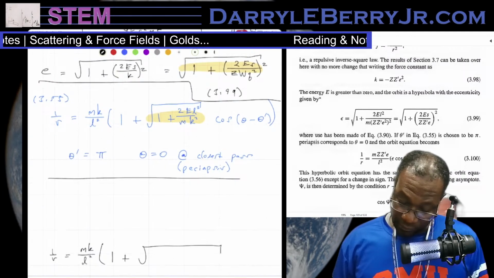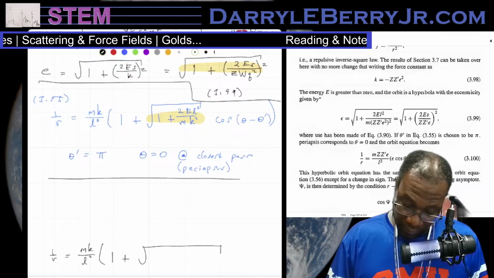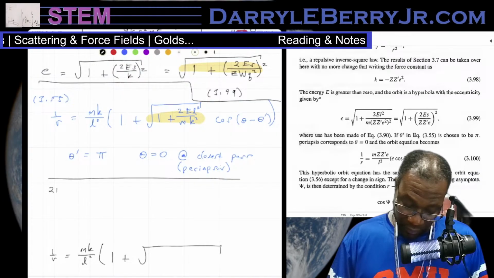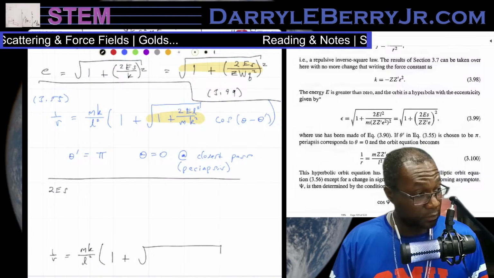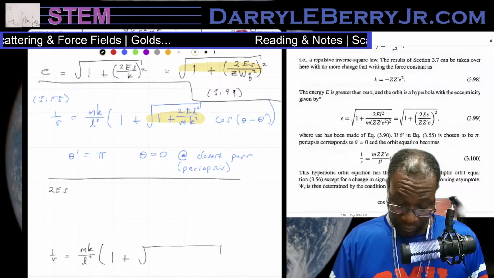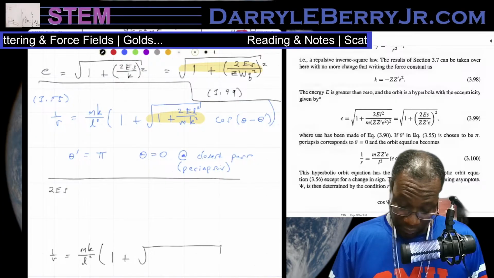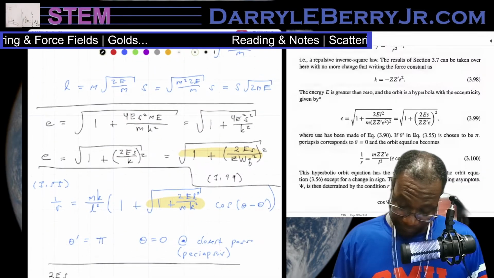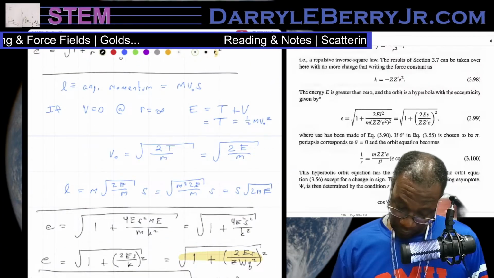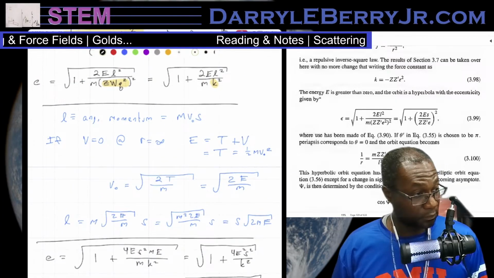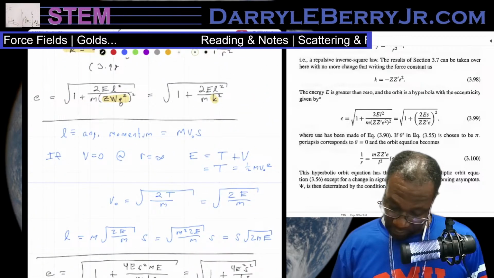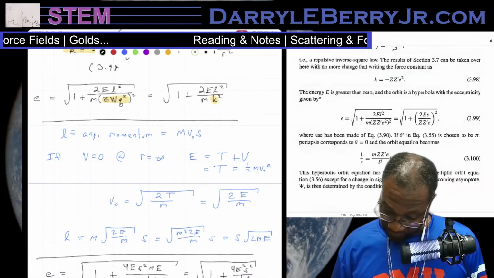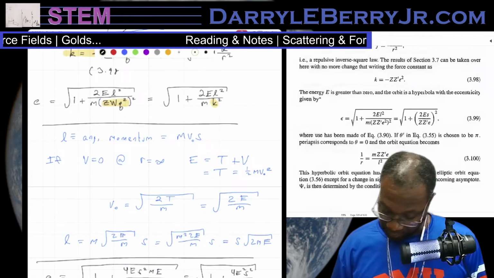So if 2ES, why in the world did we change that anyway? That was already there from the first part. Could have just kept that the same.